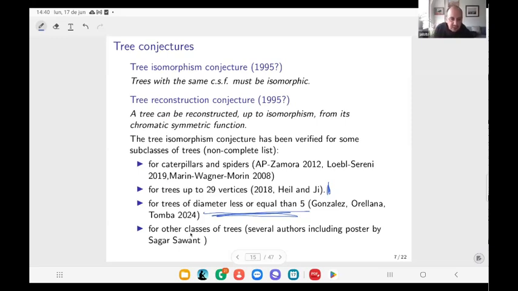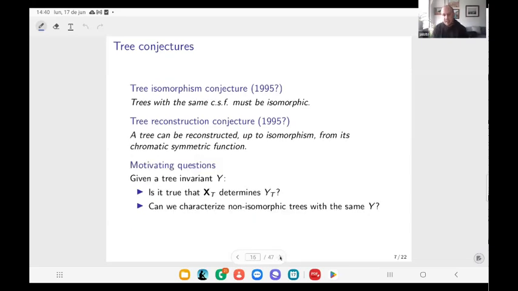And then I just mention there was a poster by Sagar Sawant that is also talking about that. Okay, so a completely non-complete list. And then this gives us two motivating questions for this talk.